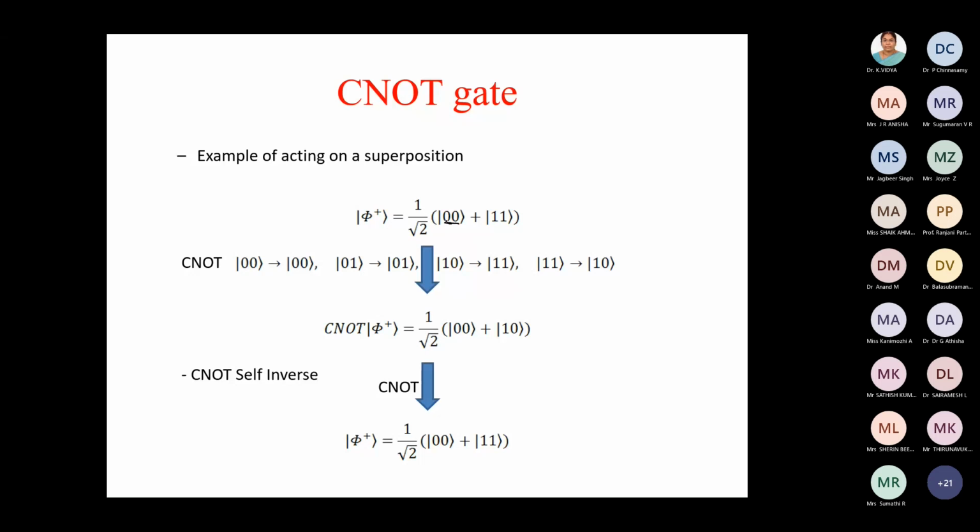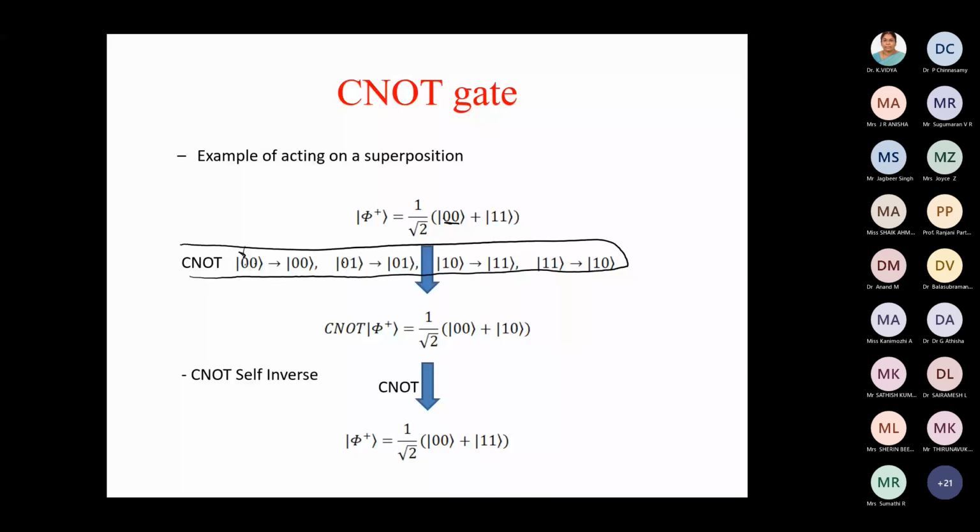If the first qubit is control and the second qubit is target, then 0 0 will remain. Remember this, the Dirac notation. What does the CNOT do on basis states? In the case of 2 qubits, a basis state is 0 0. The first qubit is control, the second is target. Since control is 0, it will not change.